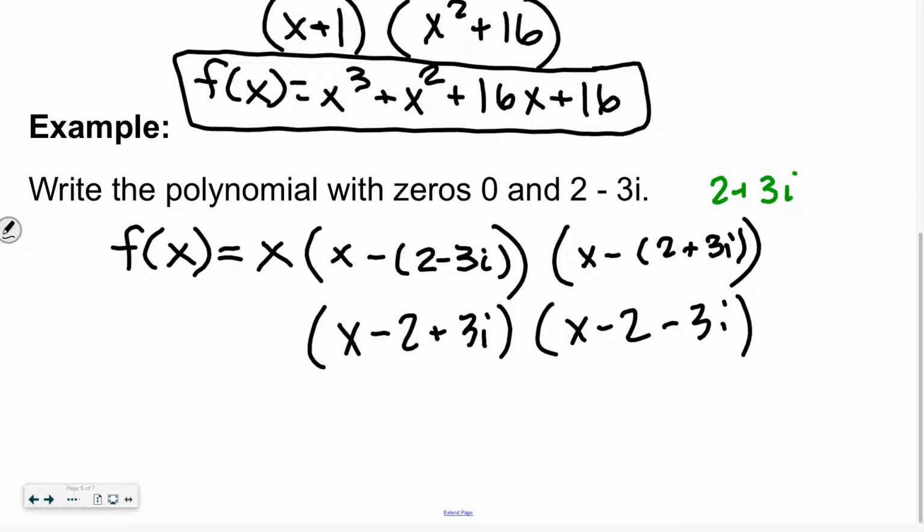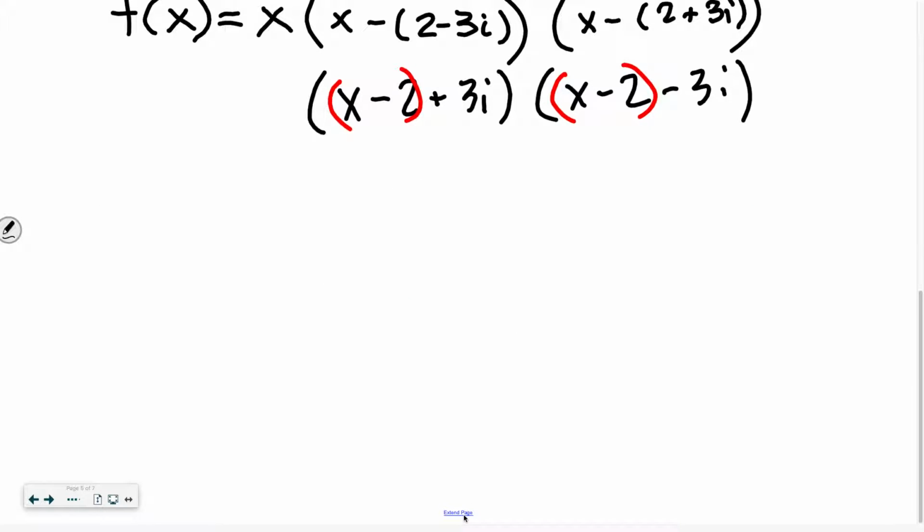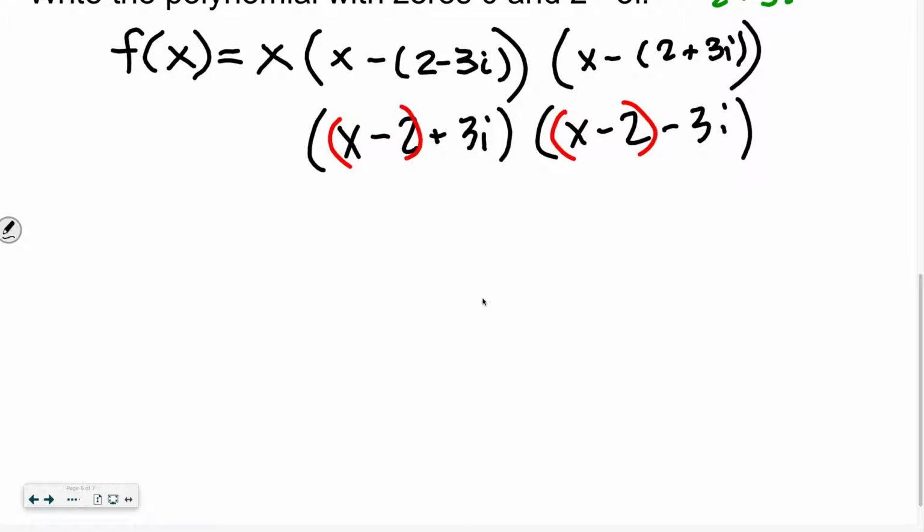Don't they both look like x minus 2? Okay, so regroup: x minus 2, x minus 2. And then distribute the x minus 2's. So treat it like a binomial now. So we're going to take x minus 2 times x minus 2.